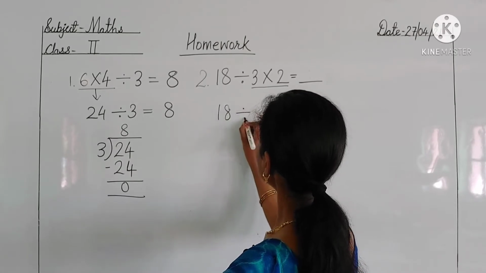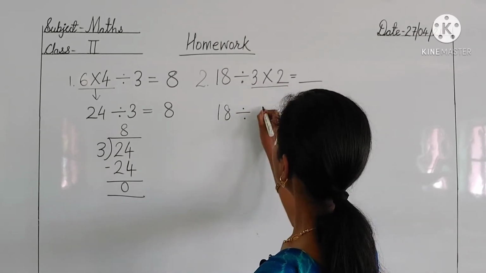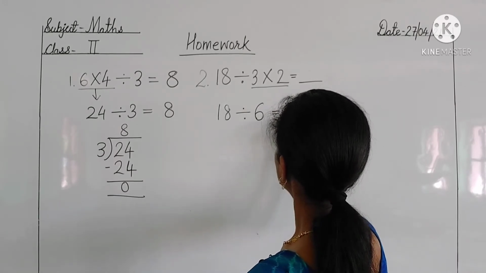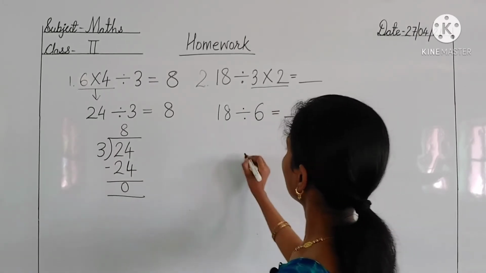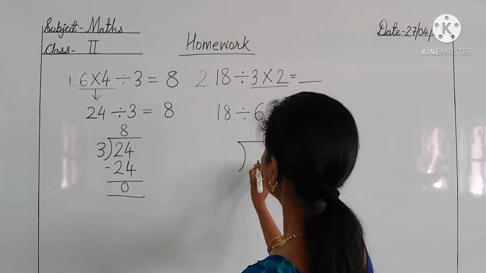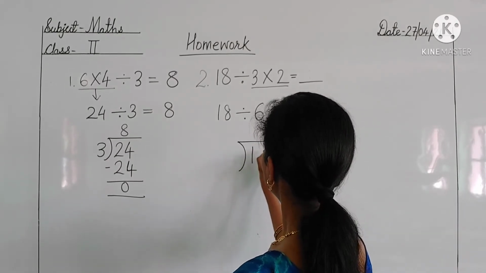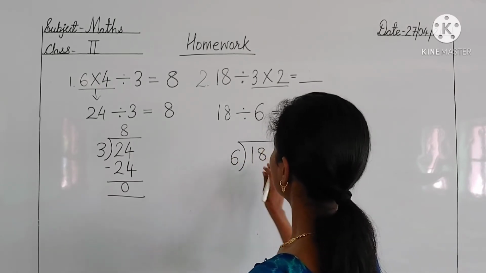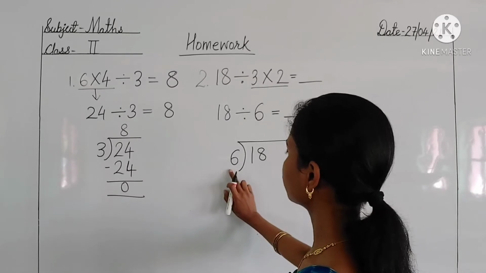18 divided by 3 2s are 6, equal to dash. So now we will write down the division formula. So 18 will come here, now 6 will go there. So this is dividend, this is divisor.